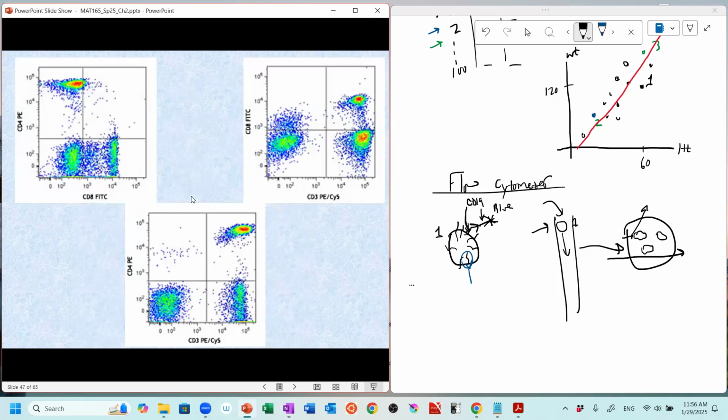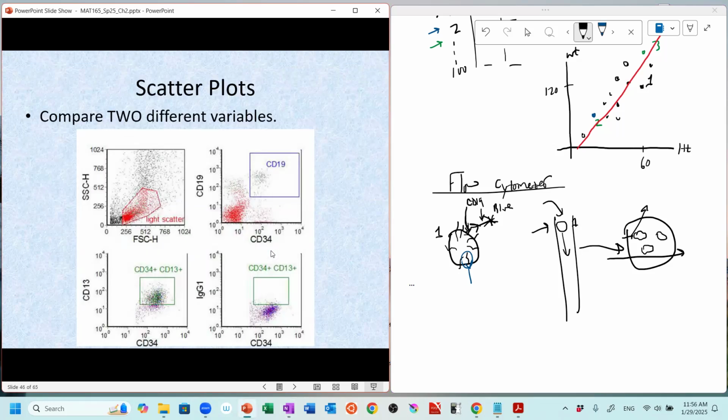Just another example, a little more colorful. This scatter plot, you can see that they've added some coloring later on, but down on the left here for the side scatter versus forward scatter, it's just a mass of black dots. It's a little hard to tell, are there a bunch of dots here or are there really a bunch of dots here?